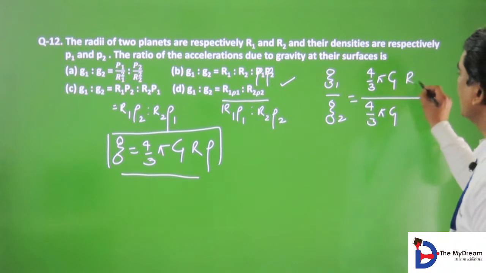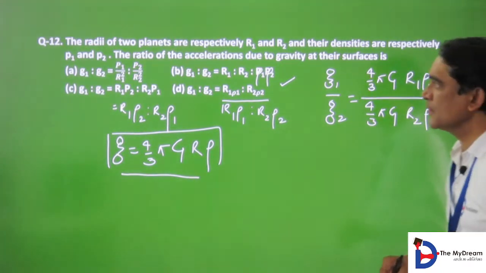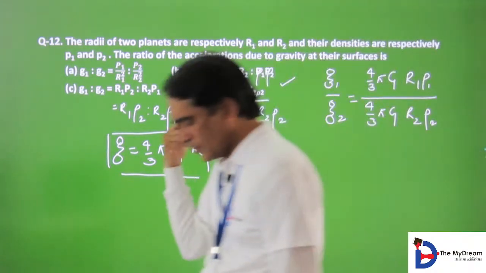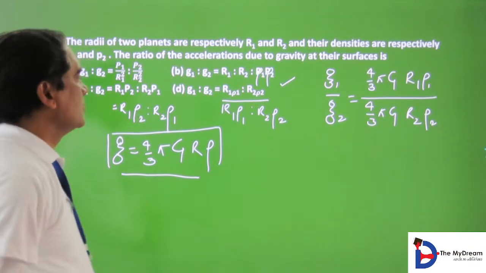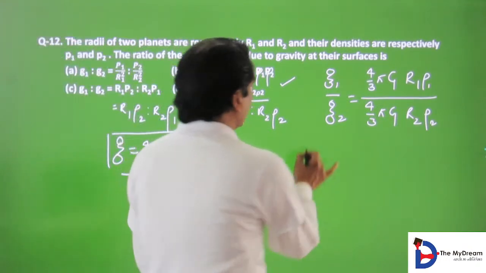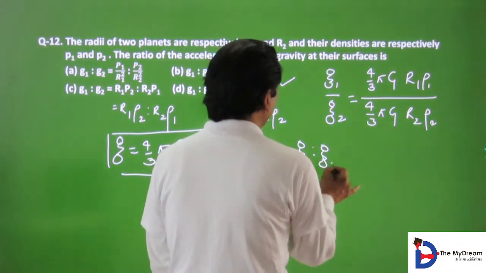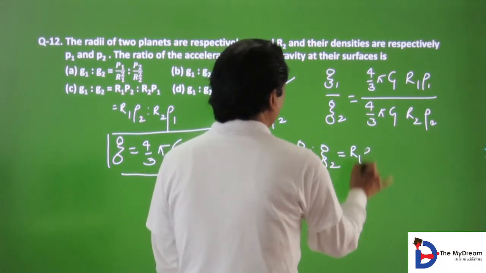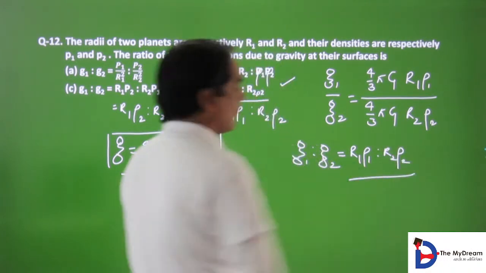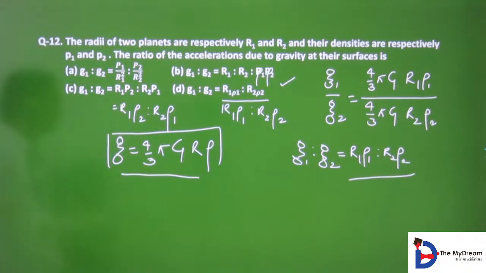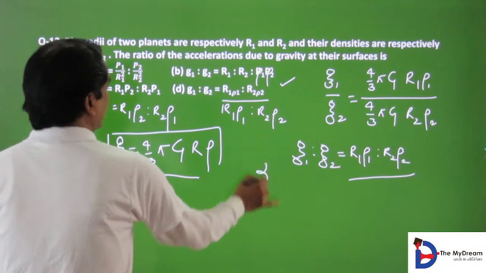This is R1 rho 1, this is R2 rho 2. R1, R2 the radii, rho 1, rho 2. So it can be written down G1 is to G2 is R1 rho 1 to R2 rho 2. Now, which one is correct? Option D is correct.